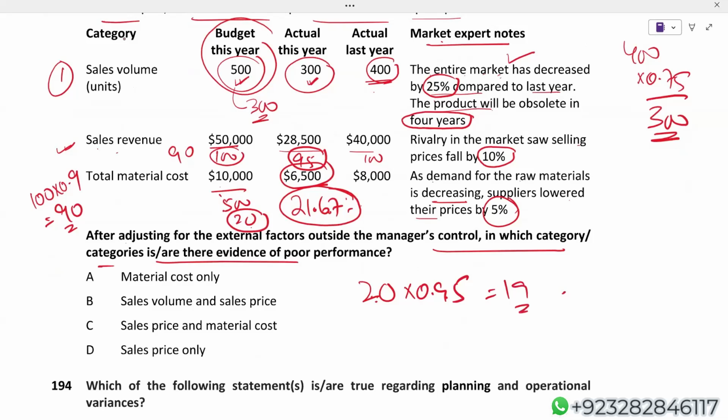So the material I should be buying should cost me $19 per unit. We are actually paying 21.67 despite the fact that suppliers have reduced the price by 5%. We have still managed to buy it expensively. That actually shows poor performance. So material cost only actually shows the poor performance. Is that clear, students?